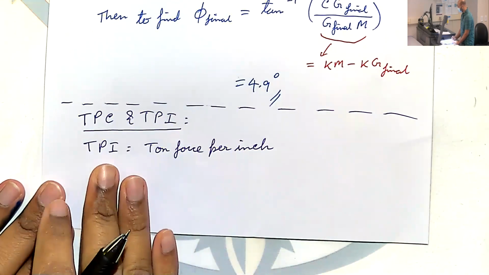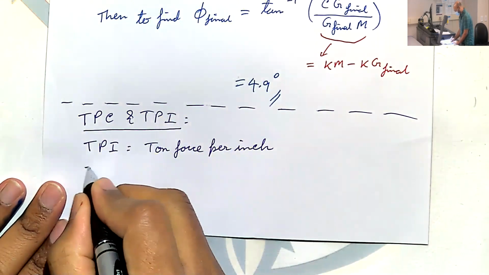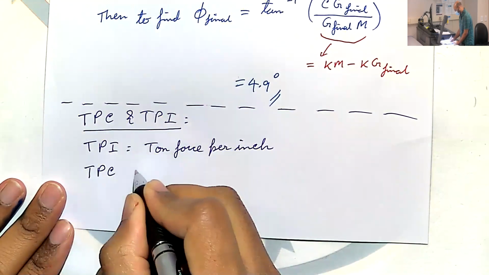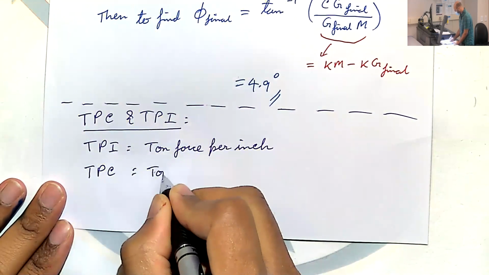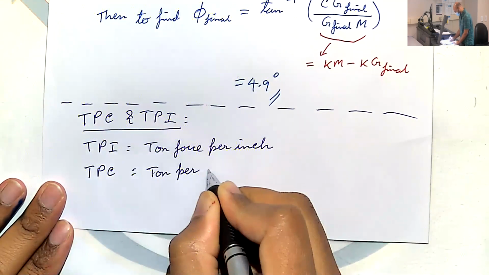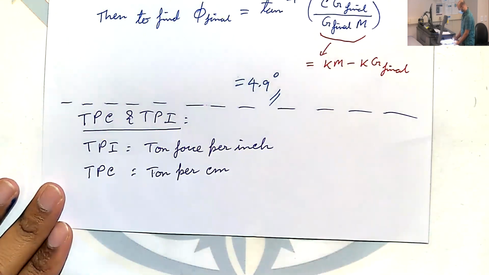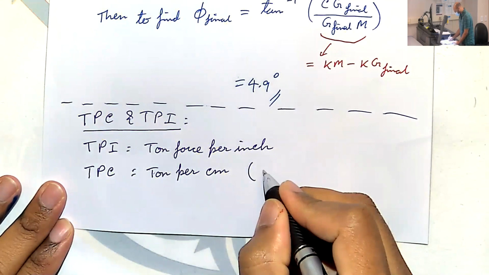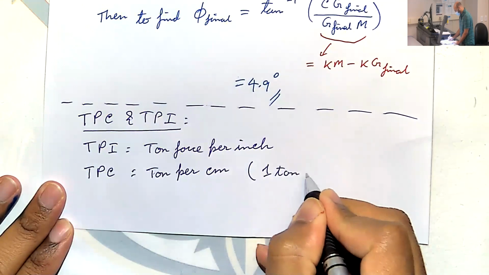We will not deal with TPI. We will stick to the standard units, TPC, which is ton per centimeter. And as a reminder, 1 ton is equal to 1,000 kilograms.